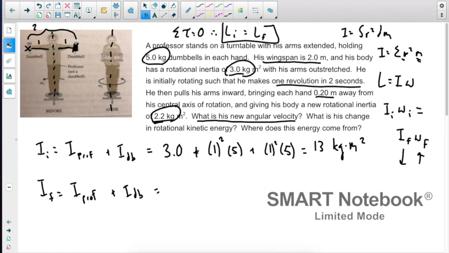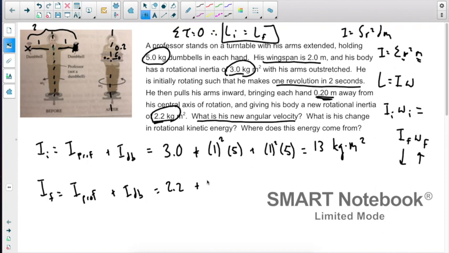He brought his arms in, and now they're closer to his axis of rotation. So here is the moment of inertia of the professor. We still have those dumbbells though, and this time they are closer to the axis of rotation, aren't they? It says that each of his hands is 0.2 meters away from the axis.